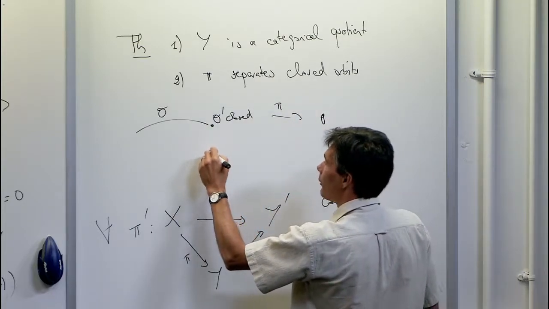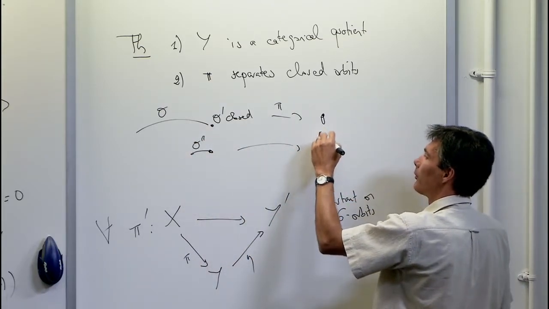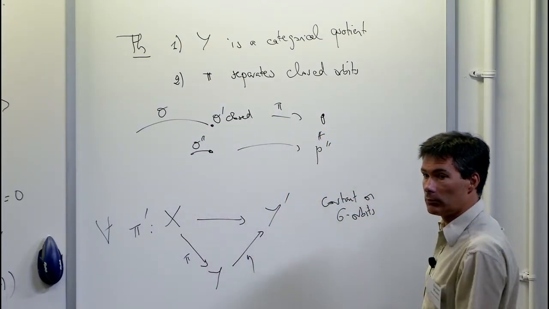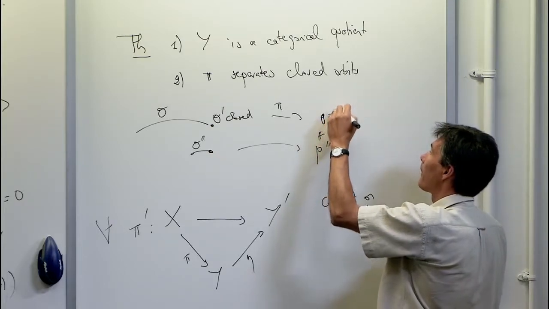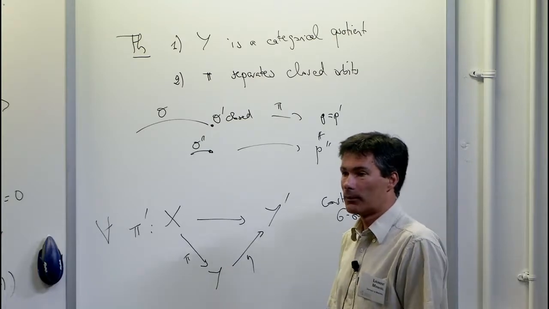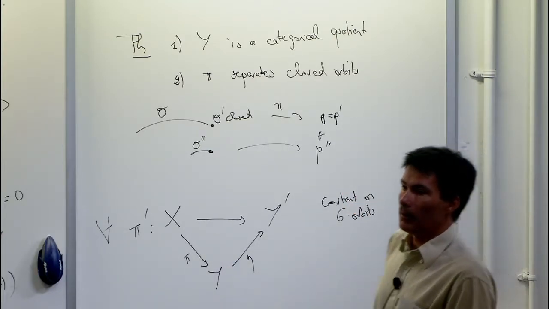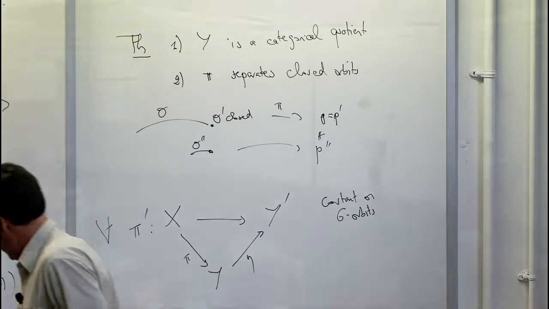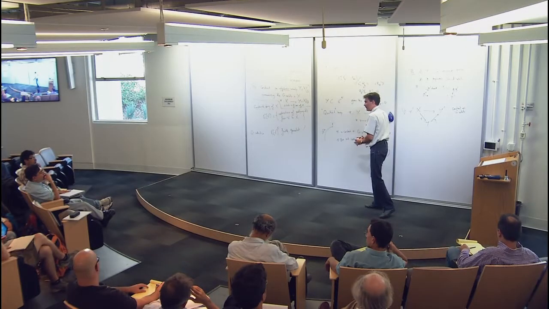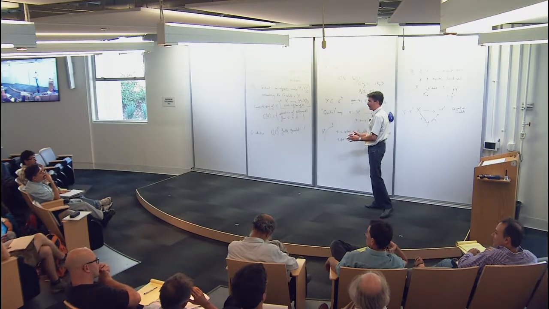But if you take another closed orbit here, it will definitely go to another point. Pi does not separate orbit closures, but it separates closed orbits. Two different closed orbits are mapped to different points.